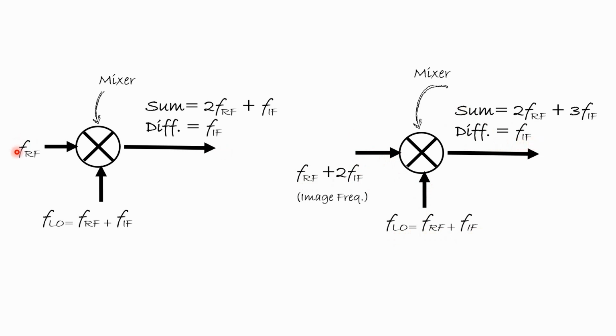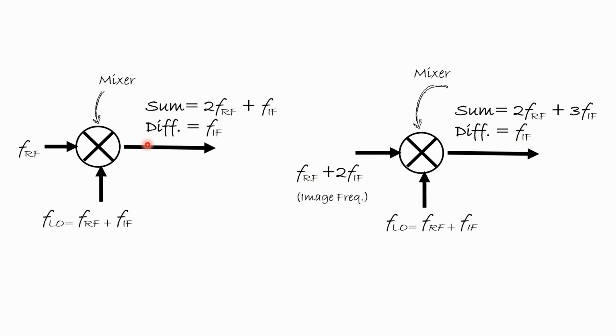So in this case, if the input frequency is FRF, then the difference frequency is FIF. If the input frequency is FRF plus twice IF, which is known as the image signal frequency, then also the difference frequency is FIF.